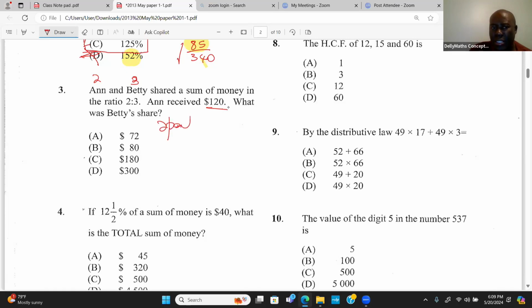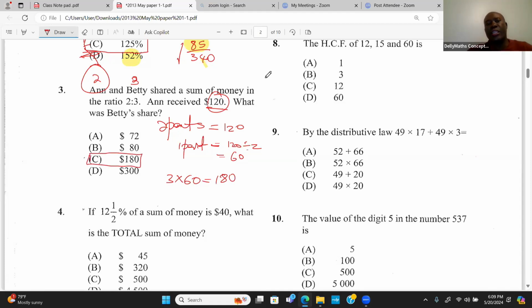These 2 parts were for 120, so 1 part is going to equal 120 divided by 2, which is 60. A lot of times, by the time you look at the 2 and the 120, you'll see the 60. So for Betty, it's going to be 3 times that 60, which is 180. So this is the answer for that.